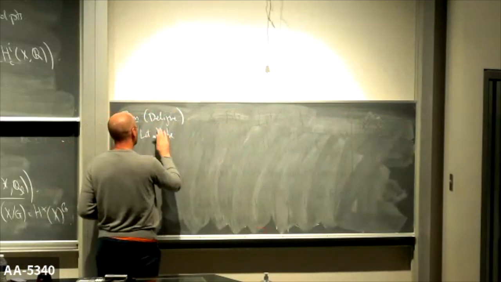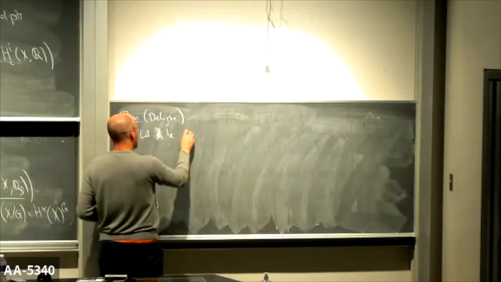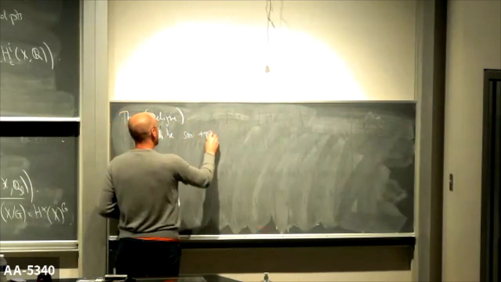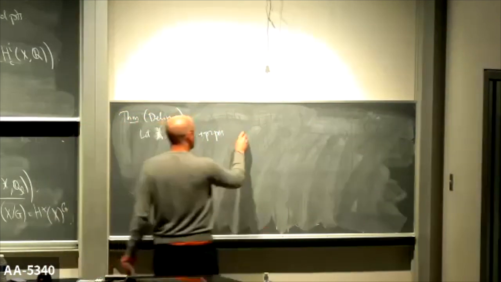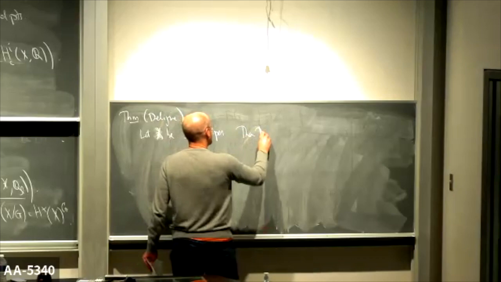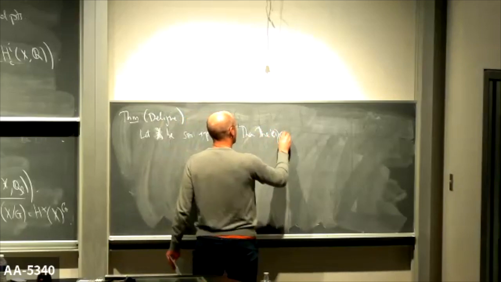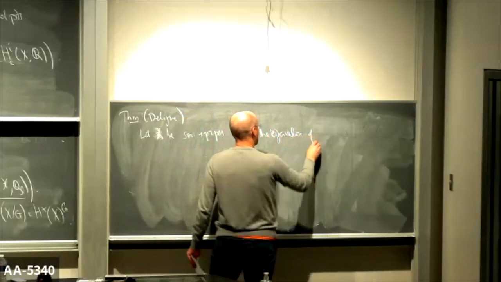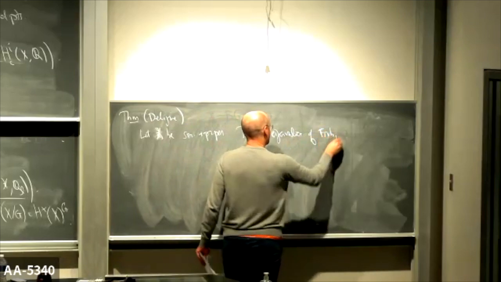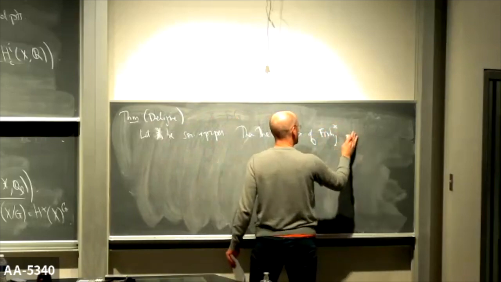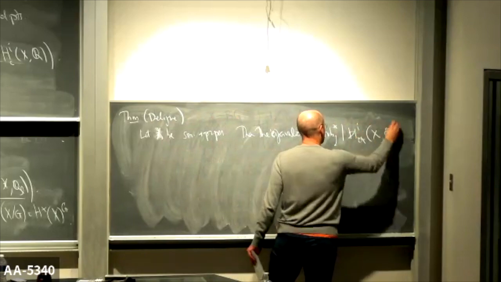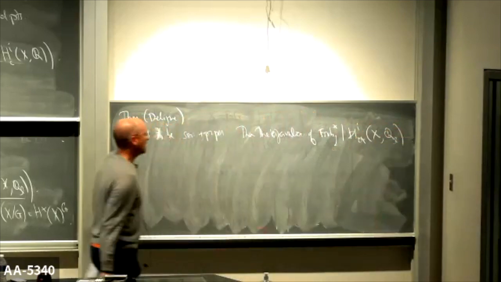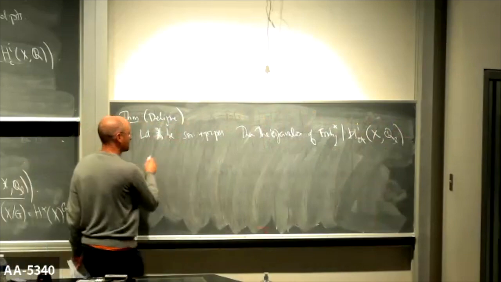Let X be smooth and proper. Then we could look at the eigenvalues of Frobenius acting on the l-adic cohomology of this proper space.